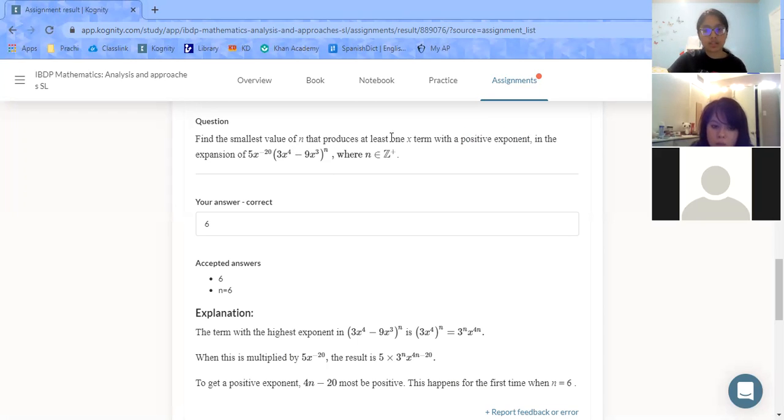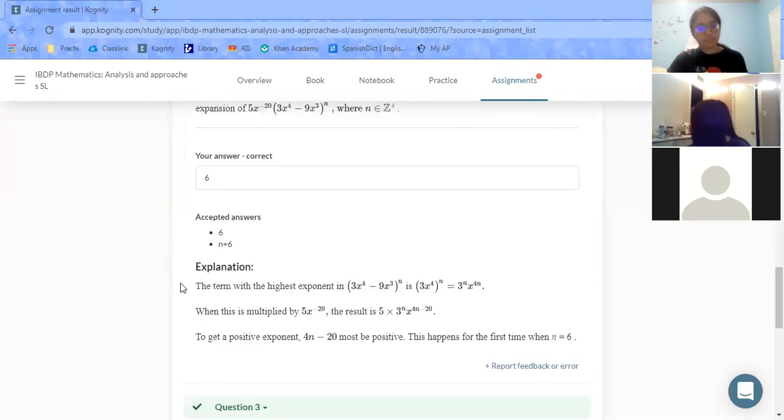And because it says at least one x term, you would just take the one with the bigger exponent, because we're trying to find the smallest value of n. This one already has a bigger exponent, right? So you're going to have to multiply it by a smaller number in order to cancel out the negative 20. Does that make sense? Okay.